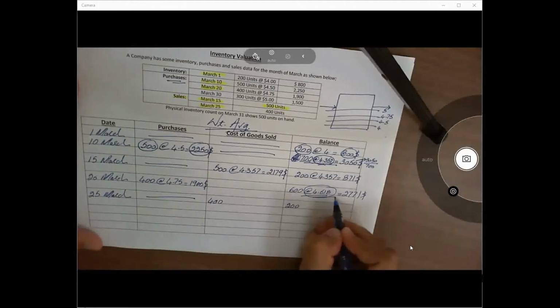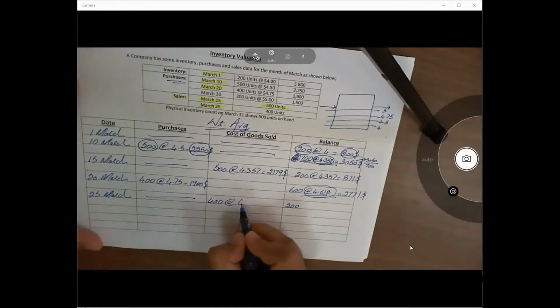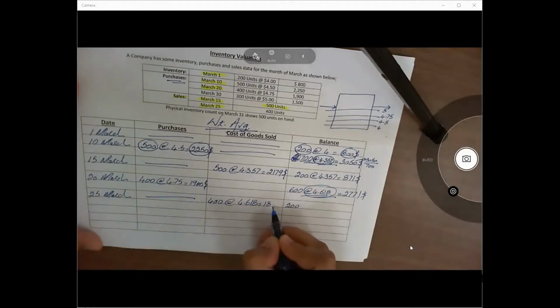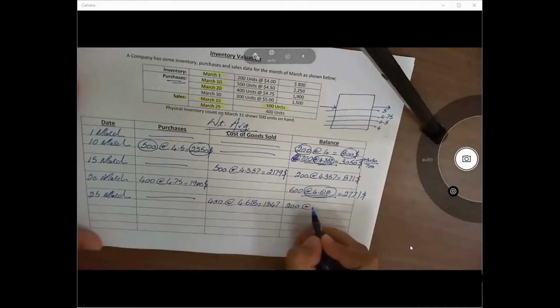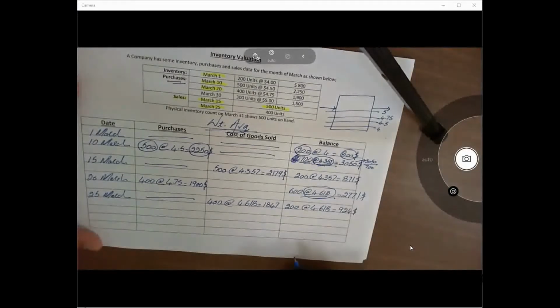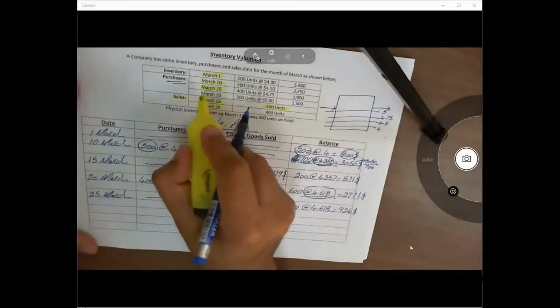We are going to sell them at this average price, so at 4.618. So 4.618 times 400 comes out to be 1,847. And 200 times 4.618 comes out to be $924. Right?